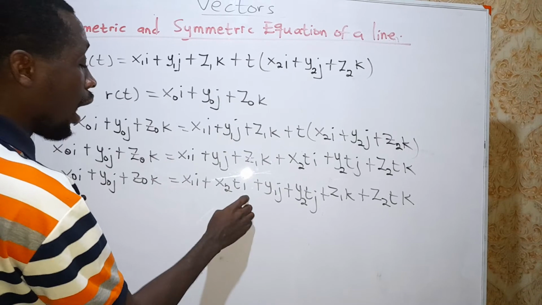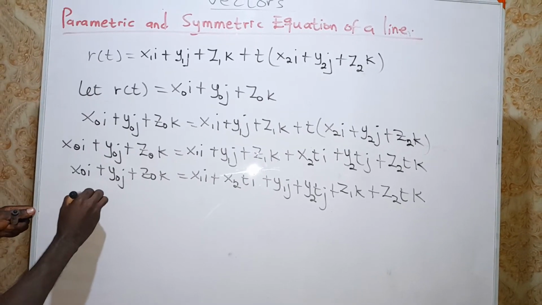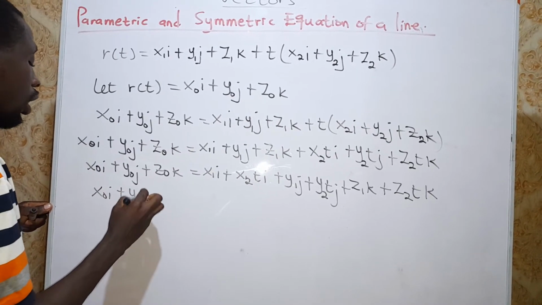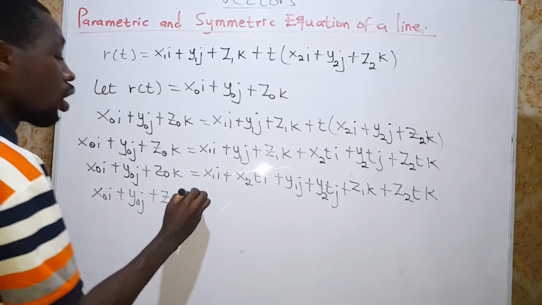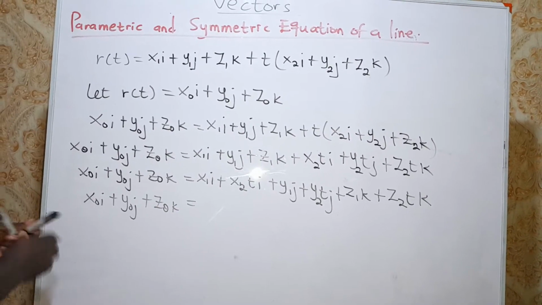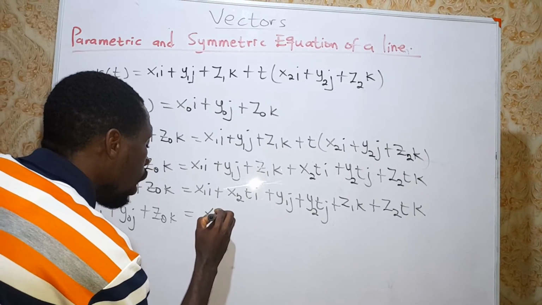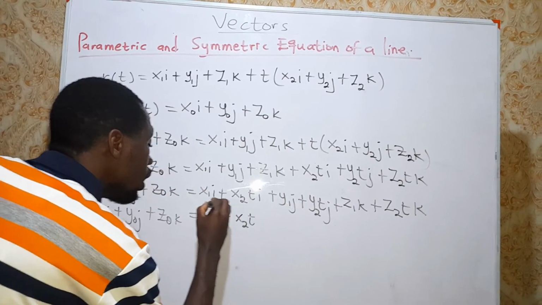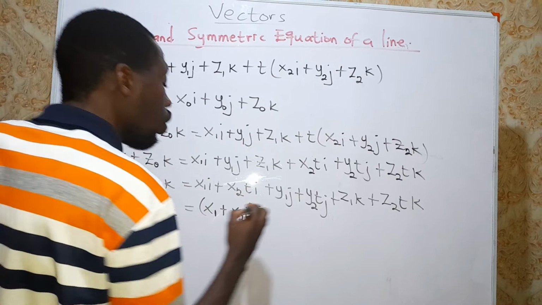So i is common to them. Let's factor it out. So what I will have is x naught i plus y naught j plus z naught k equal to (x1 plus x2t) all times i. That means I factored the i out.